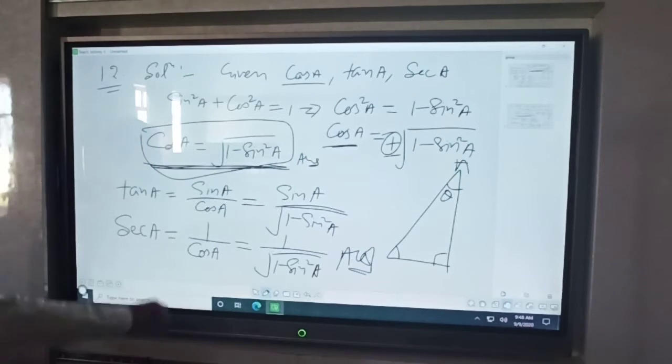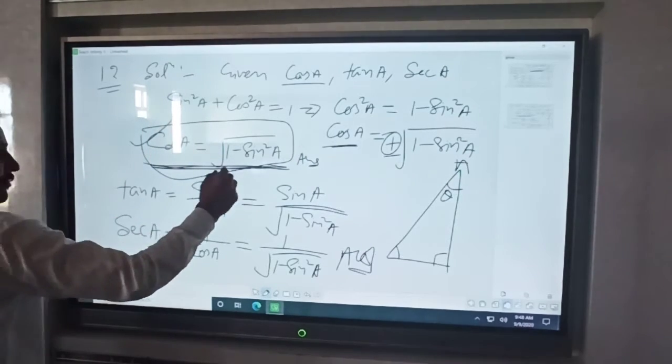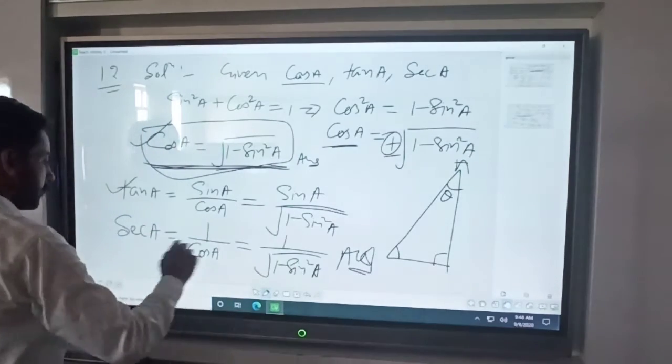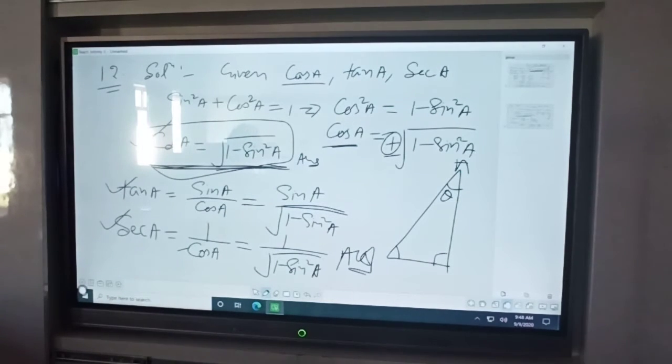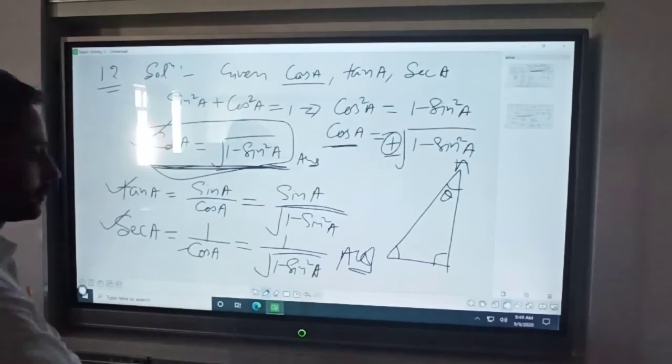We have converted cos into sin, tan into sin and secant into sin. Similarly, we can convert others if we are given cosecant, cot. So we can convert all the trigonometric ratios into one specific trigonometric ratio. Okay. Now next.